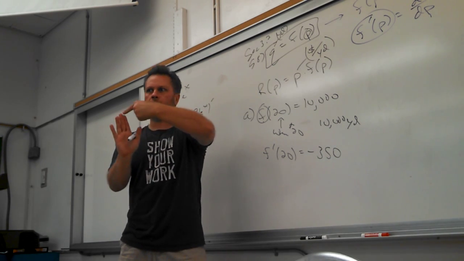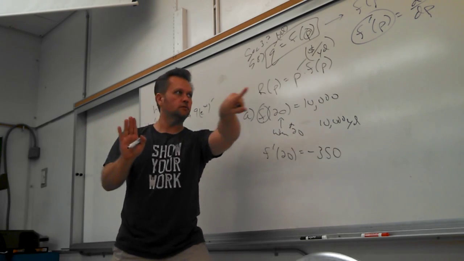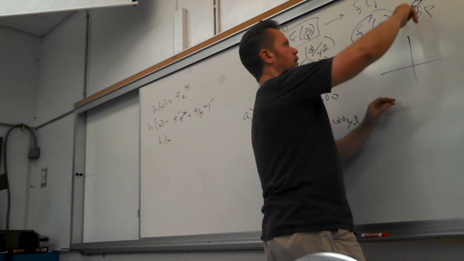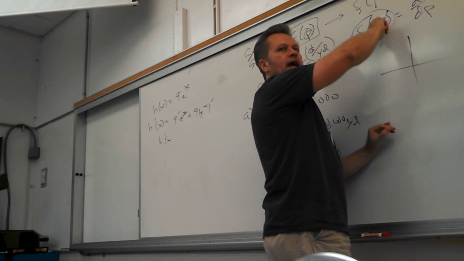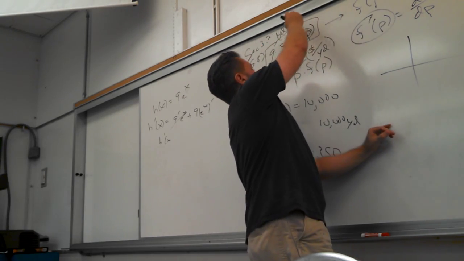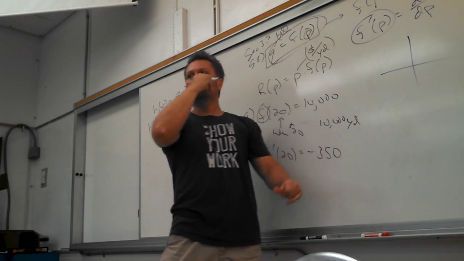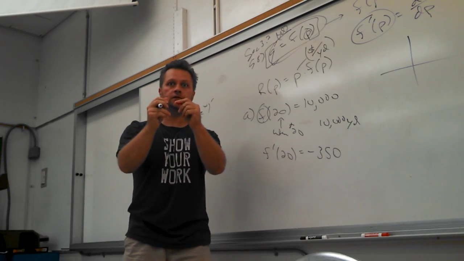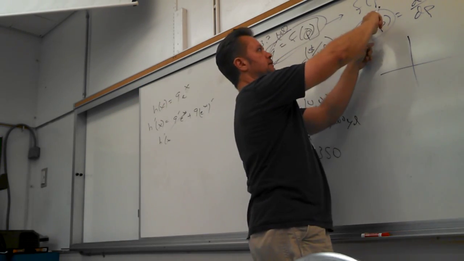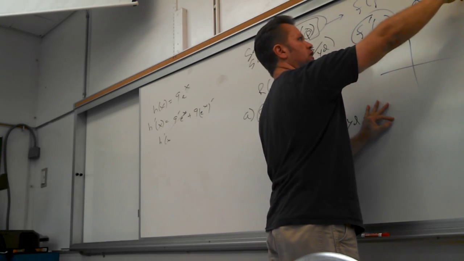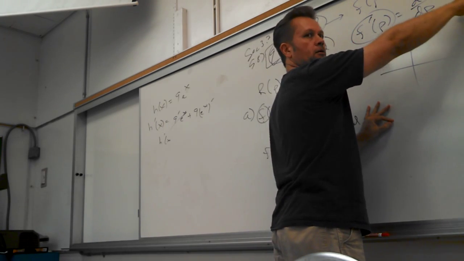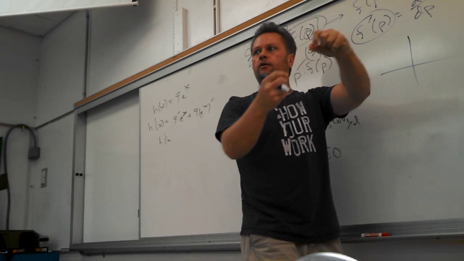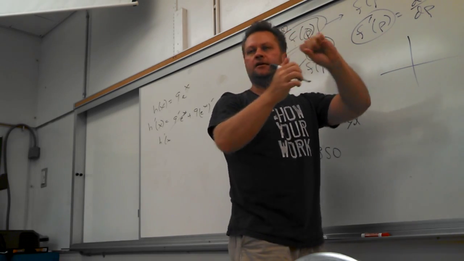In Hindu calculus, we may go the other way. We go this way, right? So if this were negative, that would mean my function, what would it look like at that point? It would be decreasing. So this represents the rate of change in how much you sell per dollar, right?